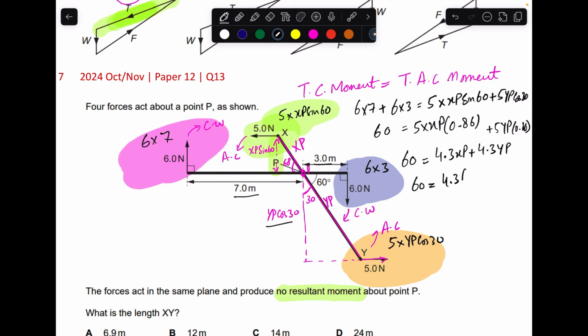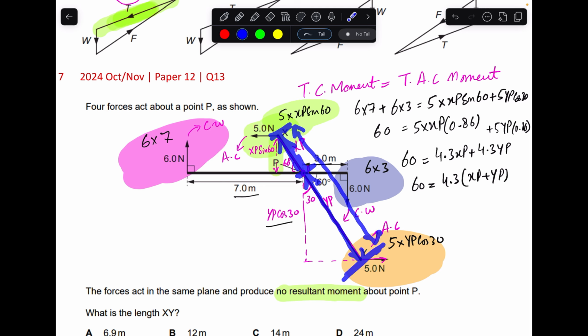4.3 times xp plus yp. So if you see, this is xp from this point to this point, and from this point to this point, this is yp. So if you add both of them, that will give you xy that you have to find.